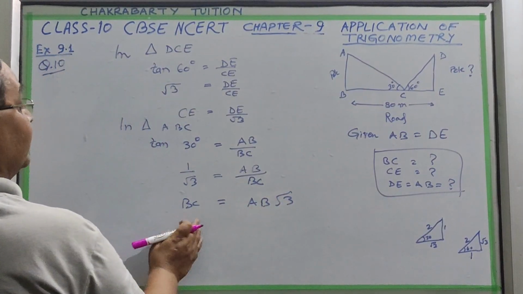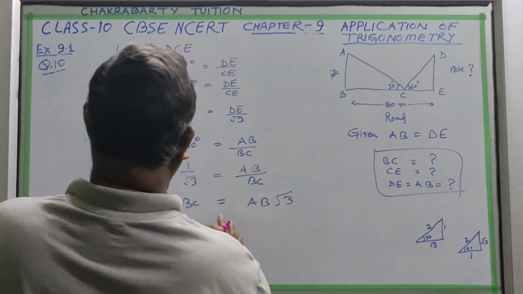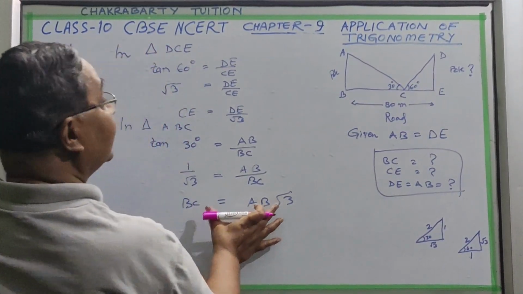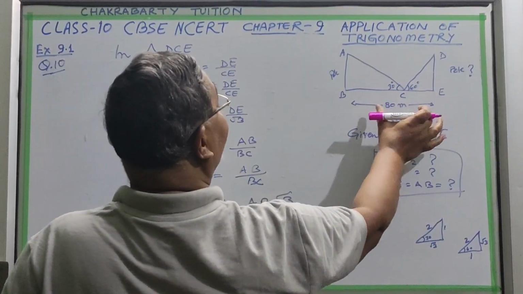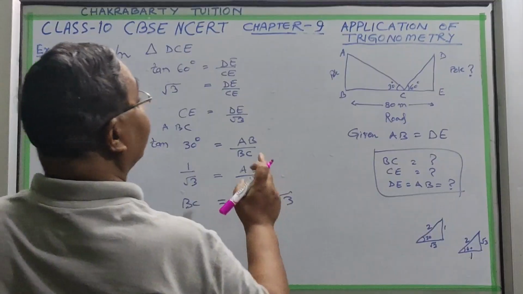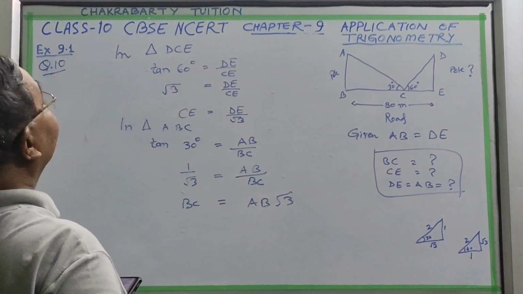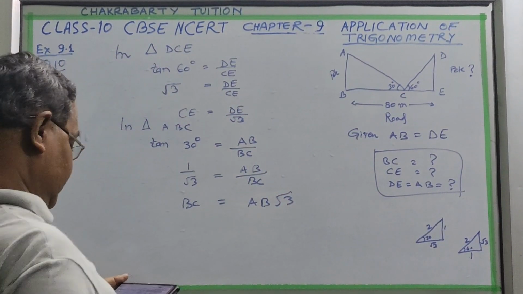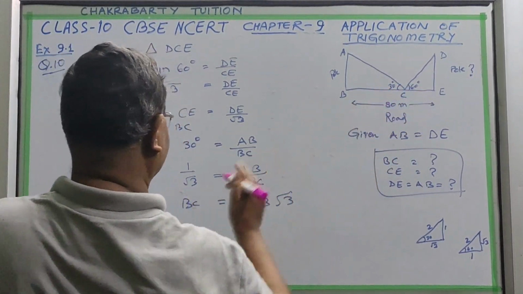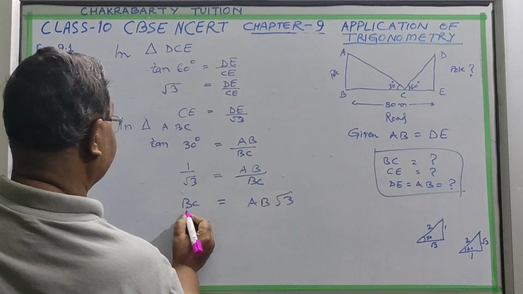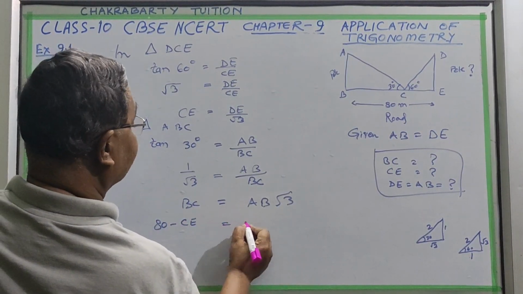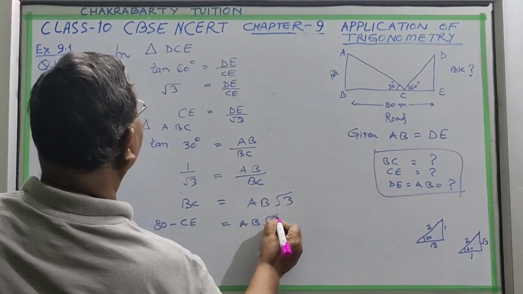Okay. Now from here, BC is equal to this much. And these two, BC and CE, all together is your 80 meter. Now, as per given, this BC is equal to 80 meter minus CE. So in place of BC we can write 80 meter minus CE is equal to AB into under root 3.